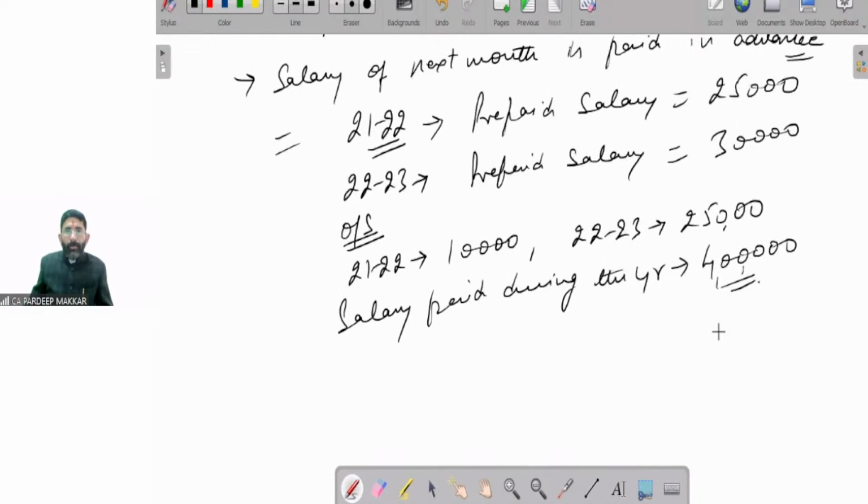The question is very simple, beta. If you see that salaries paid during the year is 4 lakh, outstanding salary at the end of previous year was 10,000, at the end of current year is 25,000, prepaid salary at the end of current year is 30,000, at the end of previous year was 25,000.